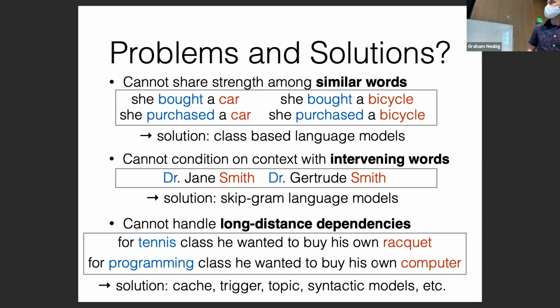So interestingly, within count-based models, everybody knew these were problems, and they devised solutions, like class-based language models, skip-gram language models, which basically skip a word, and cache, trigger, topic, or syntactic models that allow you to handle long-distance dependencies. And there's actually a really nice paper called A Bit of Progress on Language Modeling.